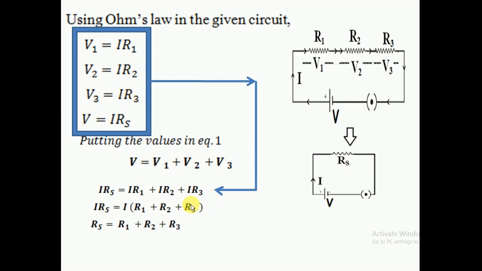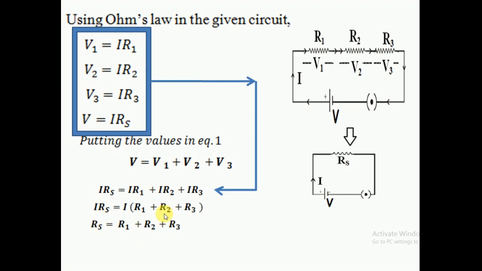If you see this equation, I is common on this side, so I can take I outside and inside the bracket R1 plus R2 plus R3. This I and this I are the same, so I can cancel them, and you are left with RS is equal to R1 plus R2 plus R3. So this is the formula.